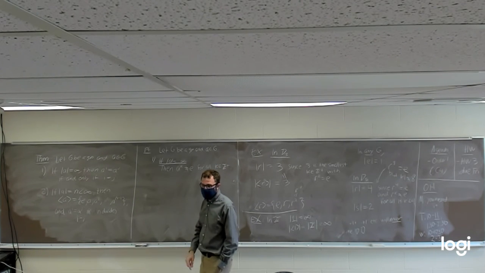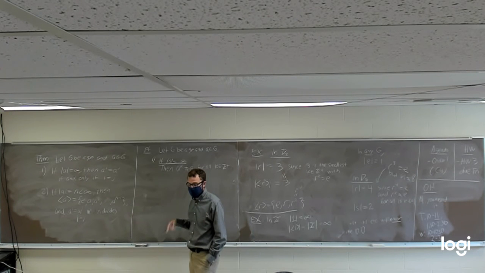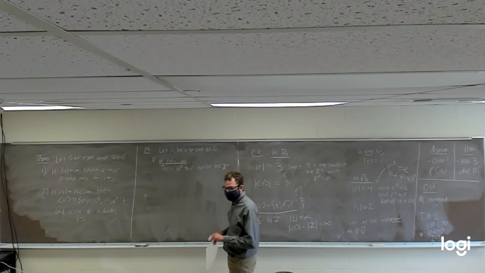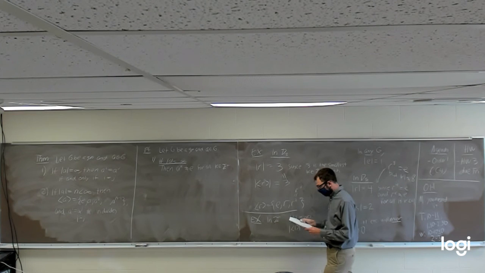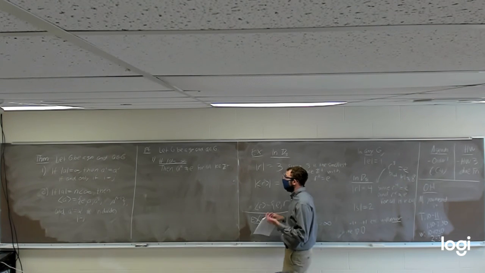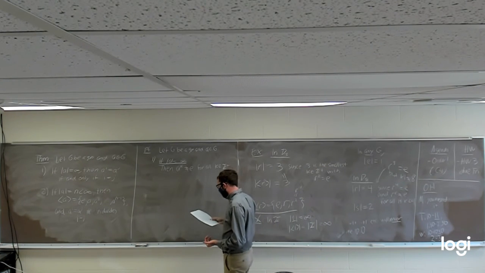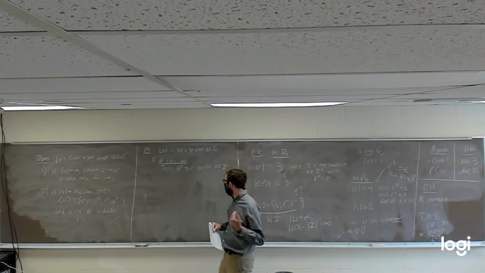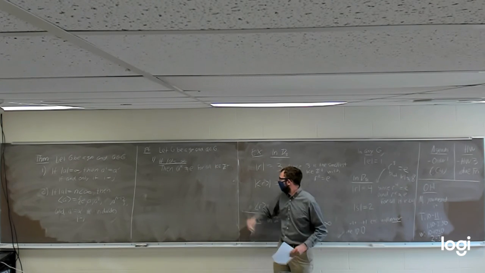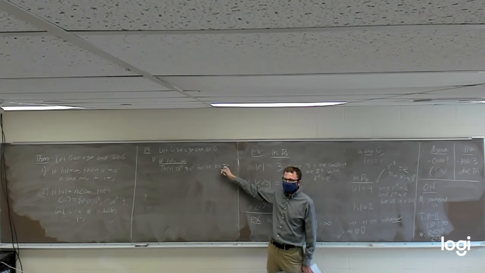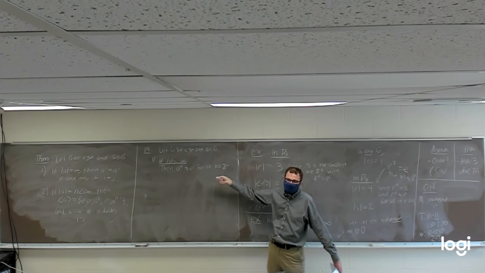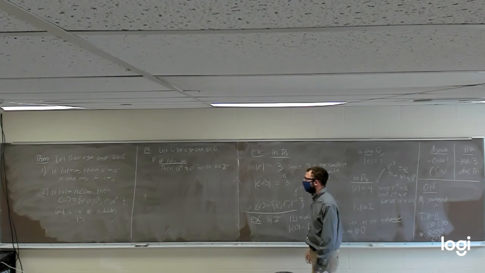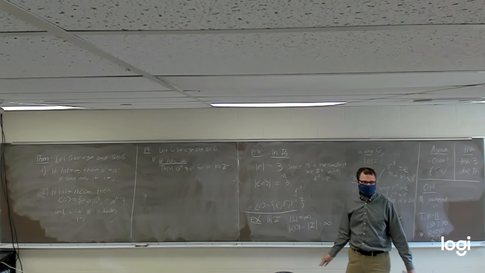I use k instead of n because my name starts with k and that makes it cooler. So if A has infinite order, we know that A to the k is not the identity element for any positive integer k. Z plus is just positive integers, shorthand for saying k in Z such that k is greater than 0.